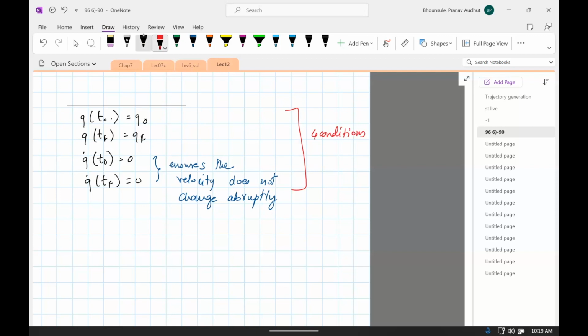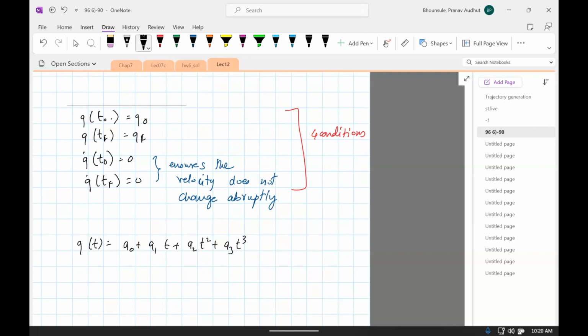If you want to find an equation which satisfies all 4 conditions, you can no longer do it with a linear equation, because a linear equation has 2 constants. So we go from a linear equation to a third order equation. We assume q(t) is a0 plus a1t plus a2t square plus a3t cube.